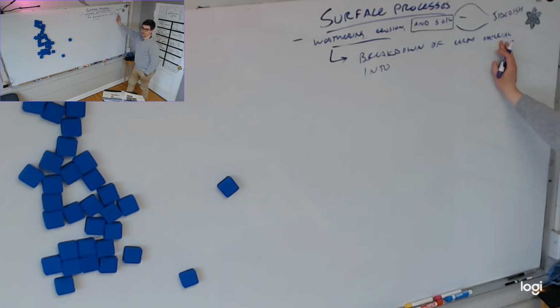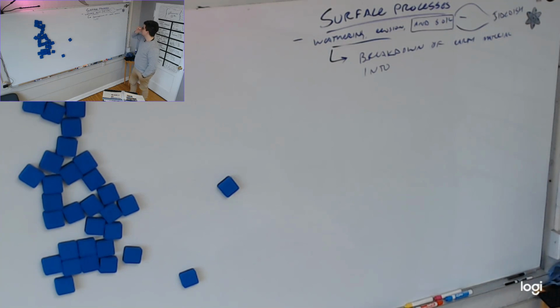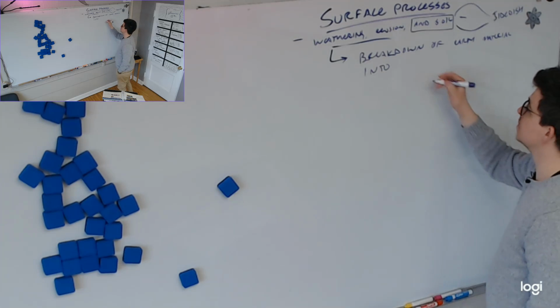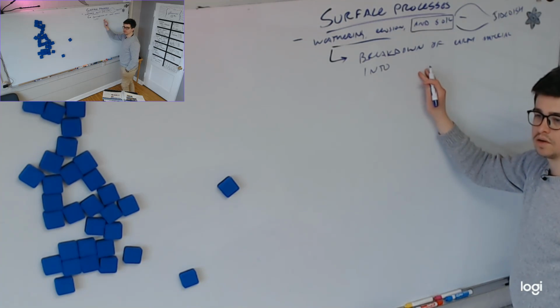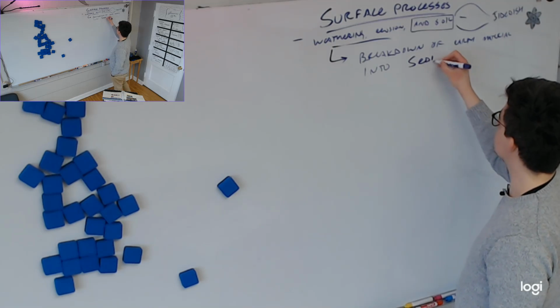When I say earth material, what do I primarily probably mean? Rock, yeah, breakdown of rock. In fact, it still could be defined as breakdown of rock. But we're going to be more general. Breakdown of earth material into, well, what is it being broken down into? So for instance, if I had a rock and it's breaking down, yep, sediment, into sediment.